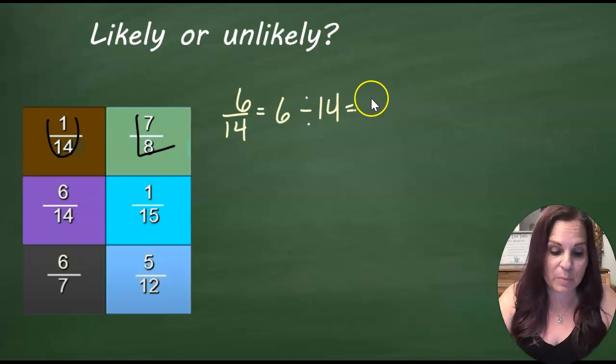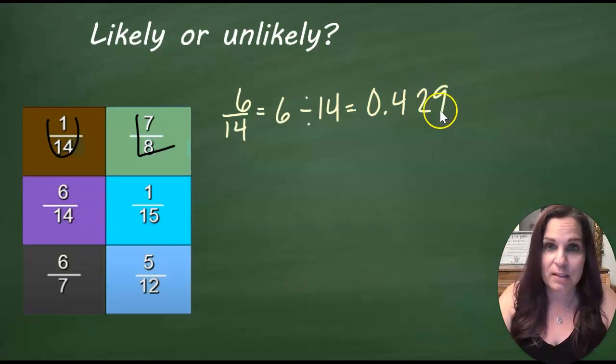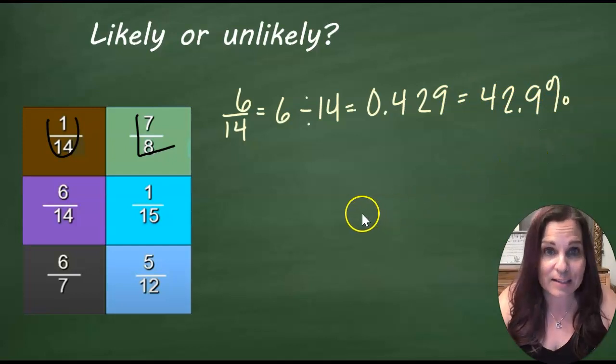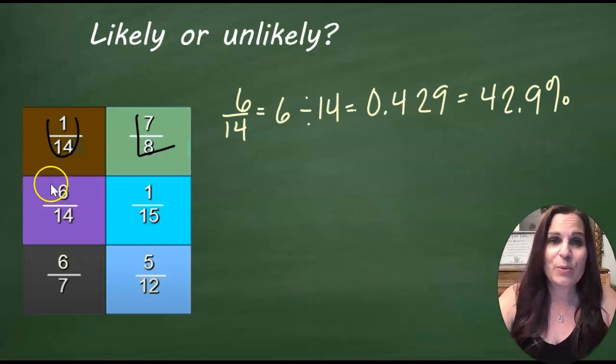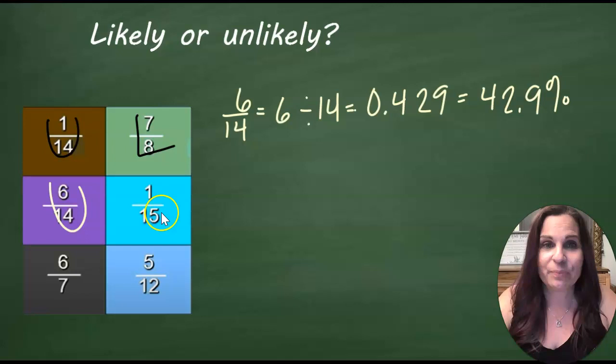So it repeats, but not for a while. So it's 0.4285. So I'm going to round that to 9. So I could write that as a percent. It would be about 42.9%, less than 50%. So unlikely.